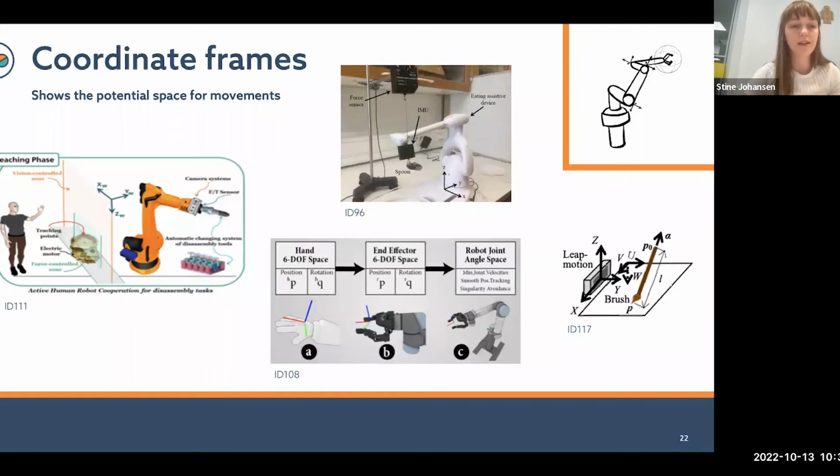So one way is to attach a coordinate frame somewhere in the space around the robot, as in the left-hand side and the top middle picture, where they've just attached a coordinate frame to show the general space of the movement. But in other cases, as in the bottom middle picture here, they've attached these coordinate frames to the individual joints, which gives a more precise description of how each individual joint of the robot might move.